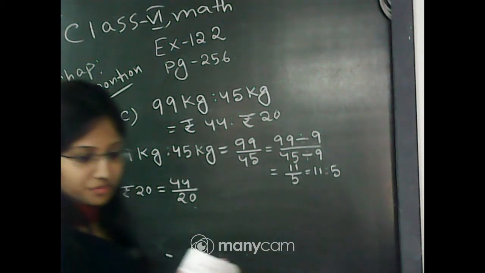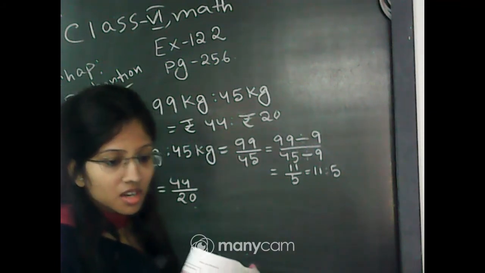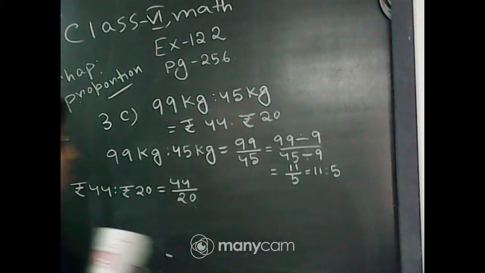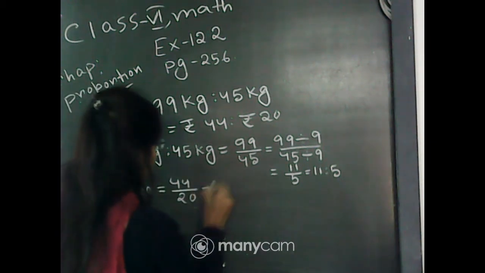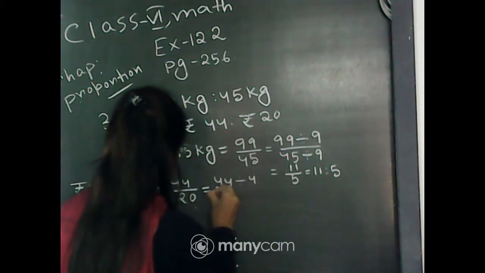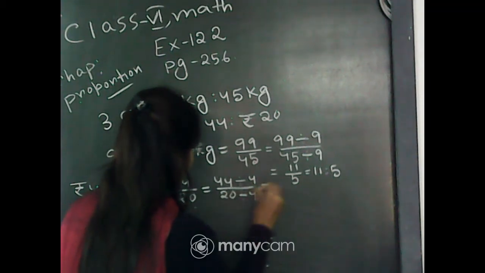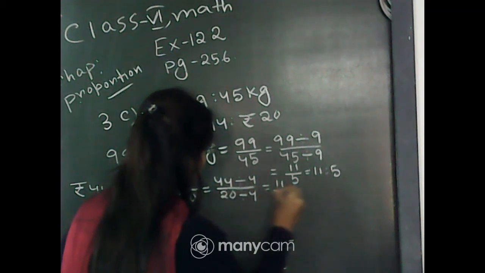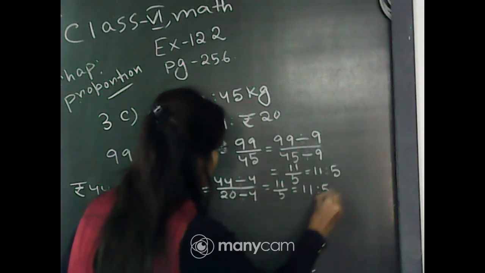Therefore, to get the simplest form, we divide both the numerator and the denominator by 4 and we get 11 divided by 5, that is 11 is to 5.